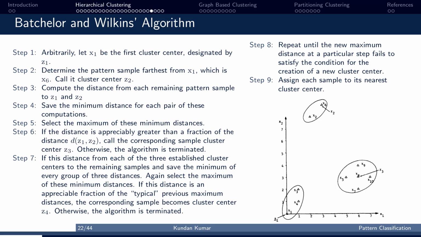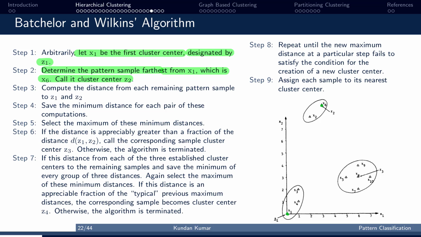First we select the first cluster center X1, which is chosen arbitrarily, and we assign it as Z1. Then determine the pattern sample farthest from X1, which is X6, and call it cluster center Z2. So this is X1 and this is X6 in this diagram.